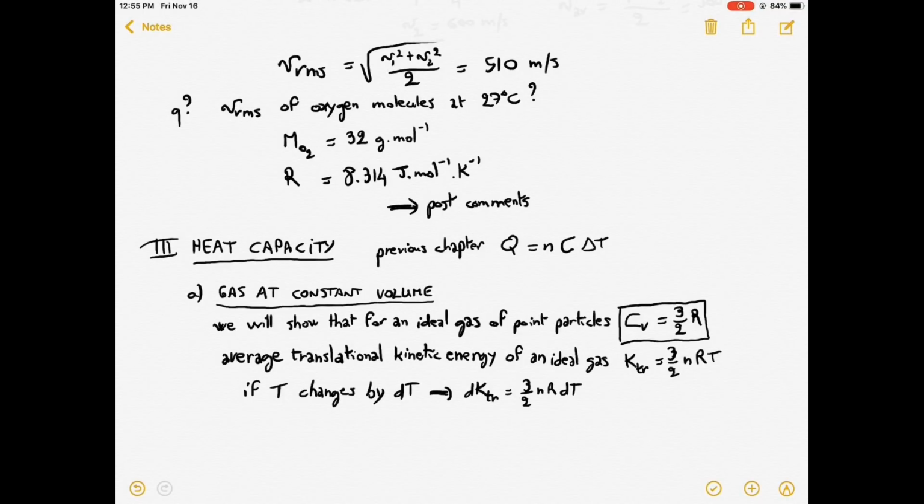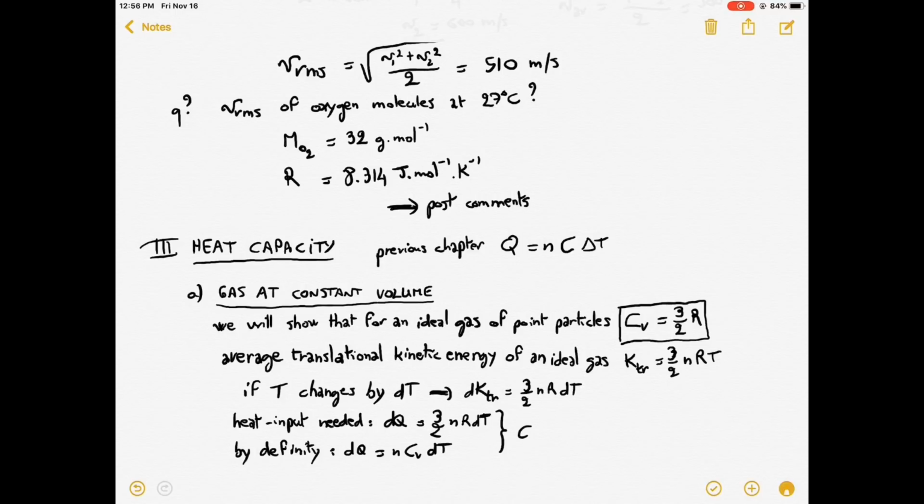To do this, you're going to need some heat. The heat input needed is dQ, to bring this energy, so it will be 3/2 nR dT. And by definition of the heat capacity, if you want to increase the temperature by dT, you need an amount of energy dQ equal to n CV dT. By combining these two results, you see that CV is equal to 3/2 times the gas constant.